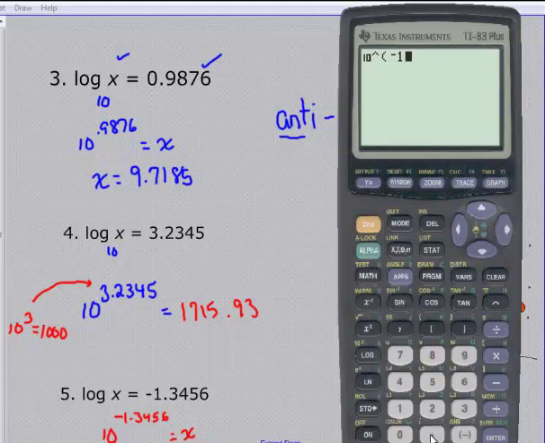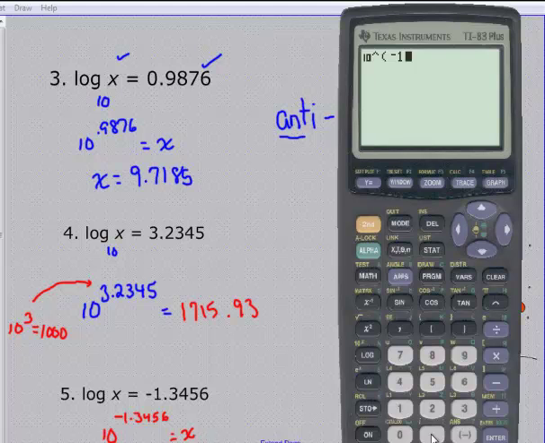So when I do this, I'm going to anti-log 10, 3.2345. I know my answer is going to be in the thousands. And indeed it is. The answer is 1,715 point, and let's just round it to the nearest 10.